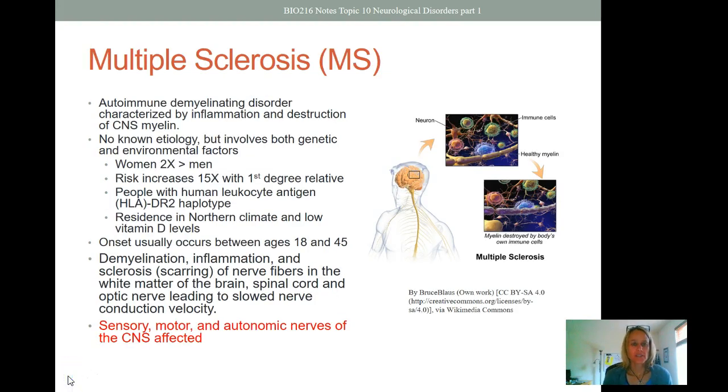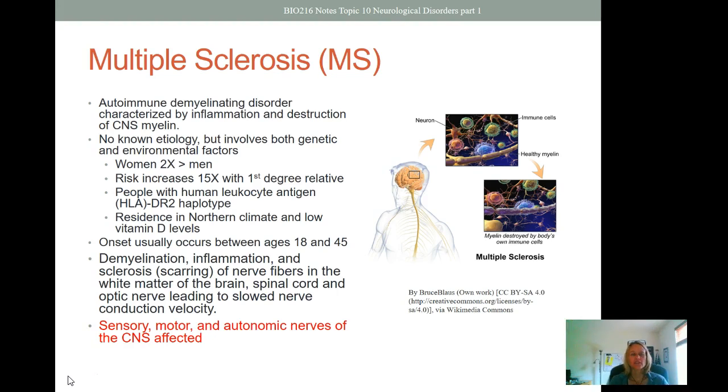Multiple sclerosis is an autoimmune demyelinating disorder characterized by inflammation and destruction of CNS myelin. The etiology is unknown but involves both genetic and environmental factors. Women have about a 2 times greater likelihood of getting it than men.